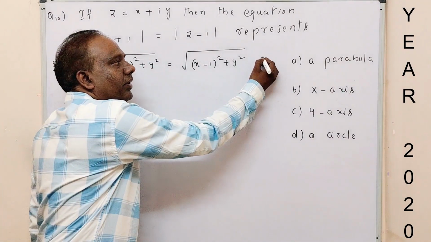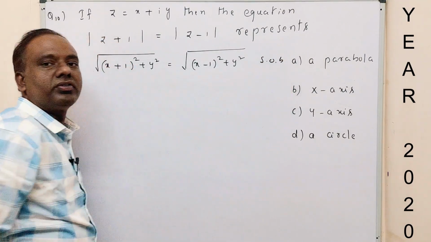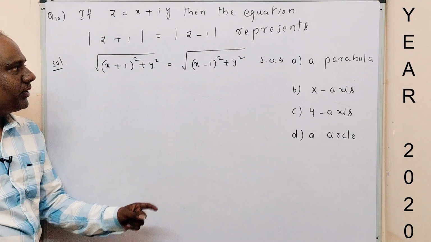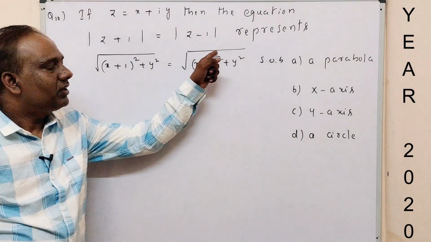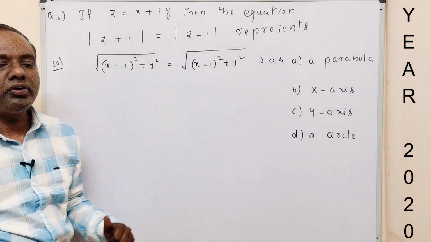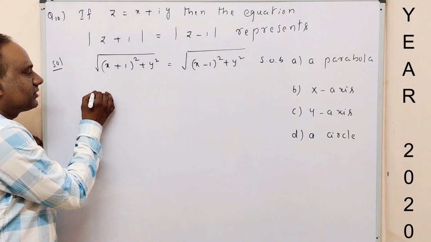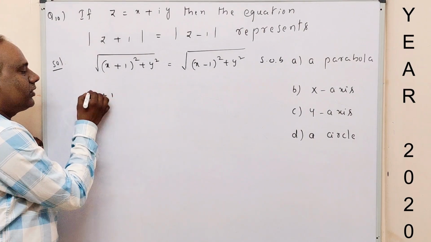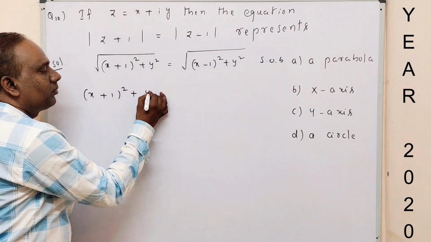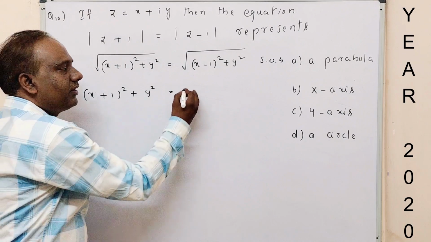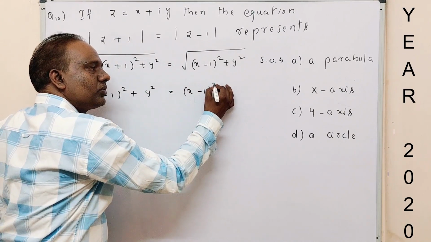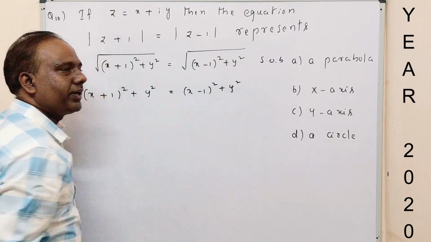So it is actually square root. Now that's why squaring on both sides. Squaring on both sides means here the square root cancels. Right side also the square root is cancelled. The remaining is x plus 1 whole square plus y square is equal to here x minus 1 whole square plus y square.